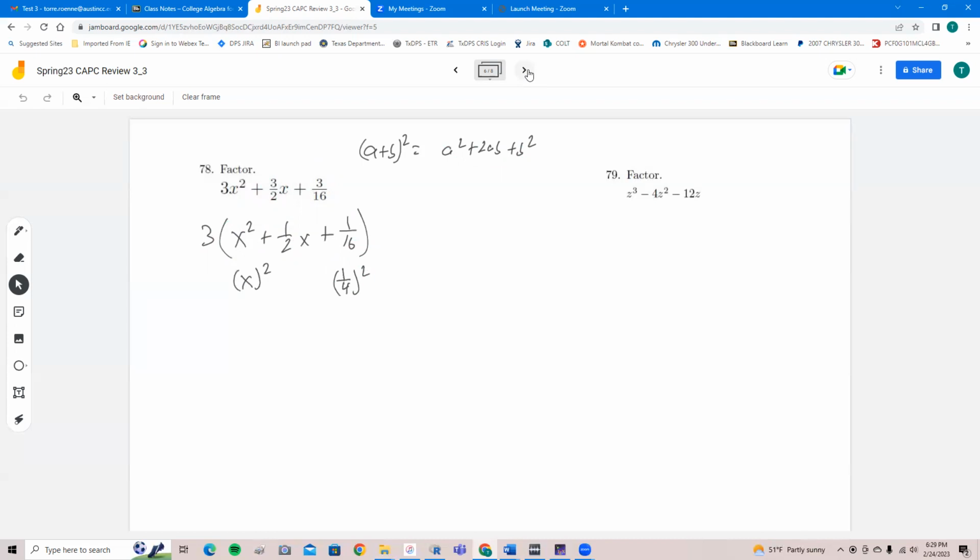So that means A would be x, B would be 1/4, and 2 times A times B would be 2 times x times 1/4, which is 1/2 x, right? 2 times a fourth is 1/2 x. So this is 2AB. That means this is really 3 times x plus 1/4 quantity squared.